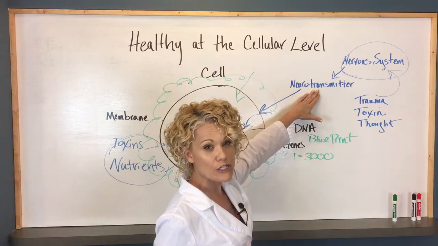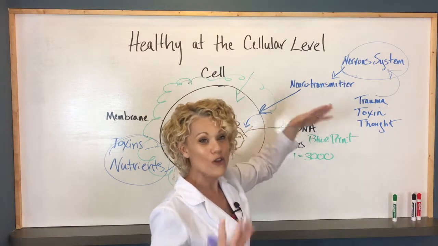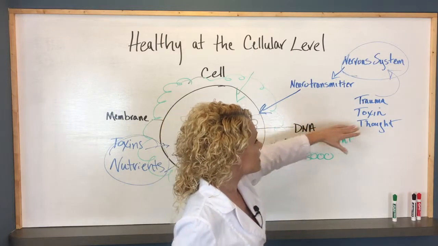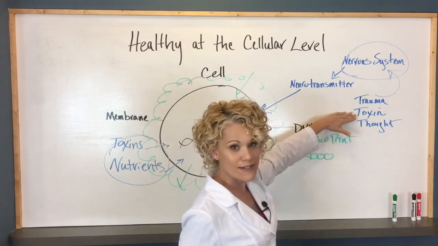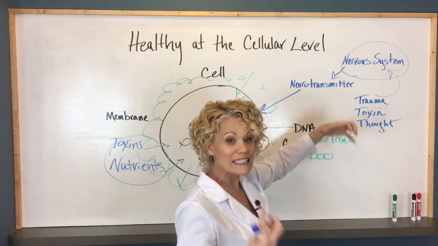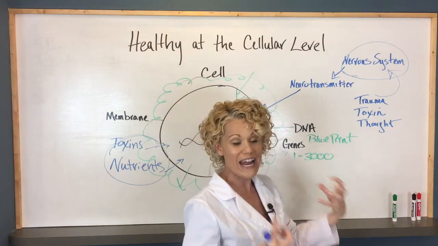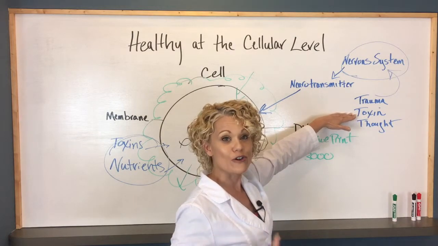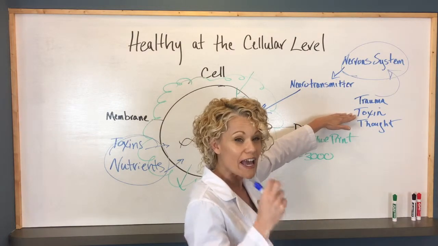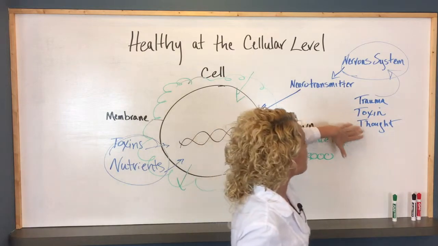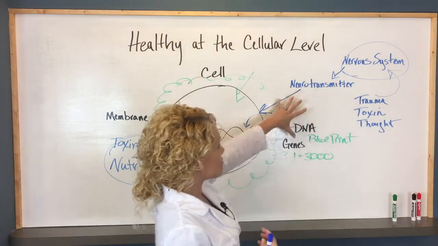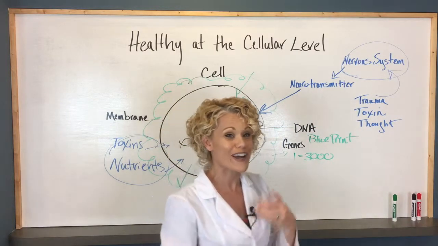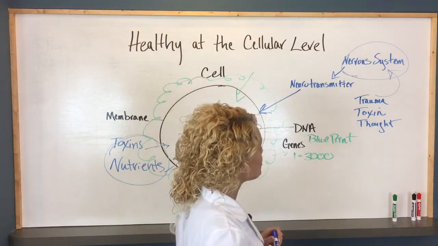We know this already too: serotonin, dopamine, all the good hormones going in whenever we're having those positive thoughts. Same with the opposite of toxins. When you're in good, clean environments with good, pure air, like we even have people who go to oxygen bars, or are able to take in very healthy, clean air, that impacts the nervous system, it impacts the neurotransmitters. Same with trauma, lack of trauma, exercise, and being in one of those great positions.